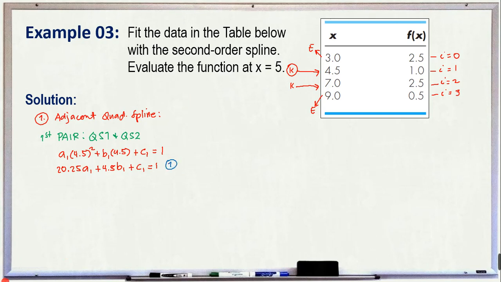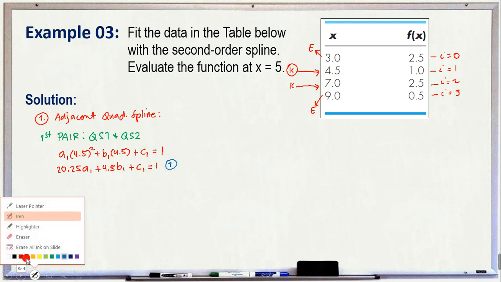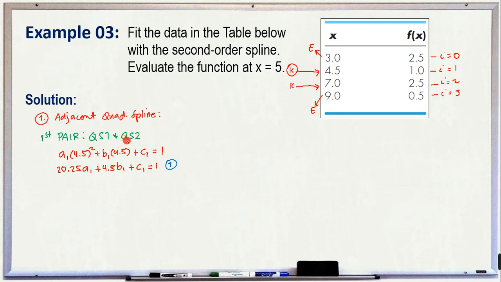So, una pa lang ni. Now, for the second quadratic spline, so i-copy lang ni no, kay pareha man sila og x, pareha pod sila og y, then nag-differ lang sila sa notation sa a sub 1 o b sub 1. Instead of a sub 1, a sub 2, di ba? Nakuha ninyo? Because this is a sub 2 times 4.5 squared plus b sub 2 times 4.5 plus c sub 2 equals 1.